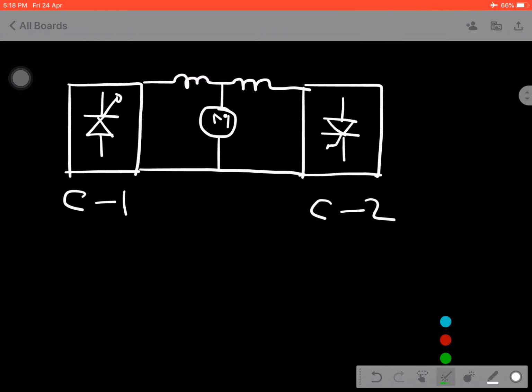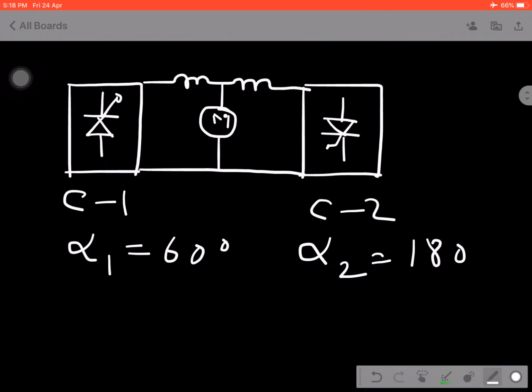Now suppose we apply triggering pulses such that alpha 1 for the first converter is 60 degree, and alpha 2 will be 180 degree minus 60 degree, which gives 120 degree.